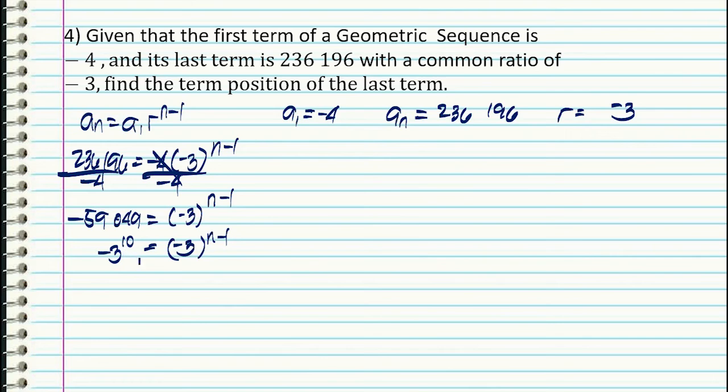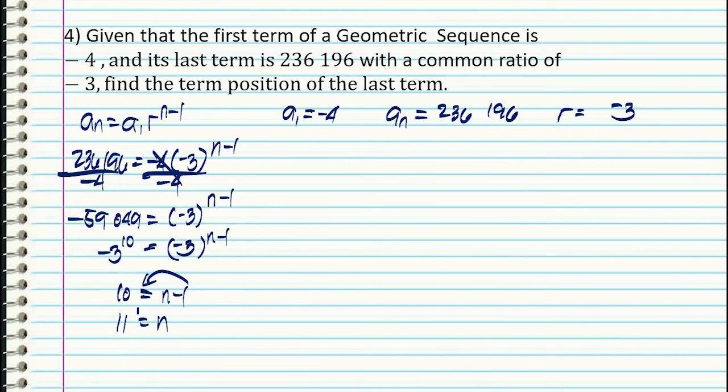Since we now have the same bases, we can disregard these two bases. We now only have 10 equals n minus 1. Then transpose our negative 1, so we have 11 equals n, since it becomes positive, 10 plus 1.